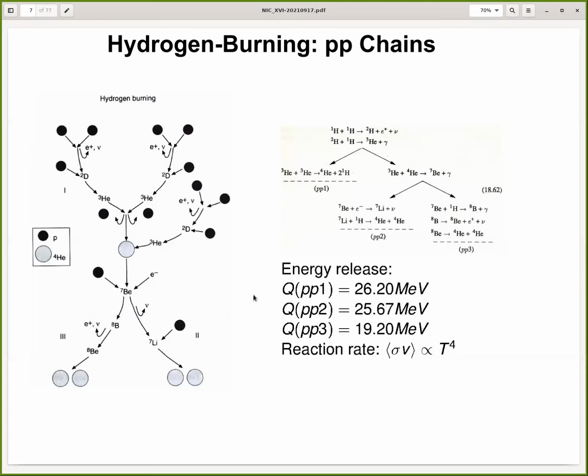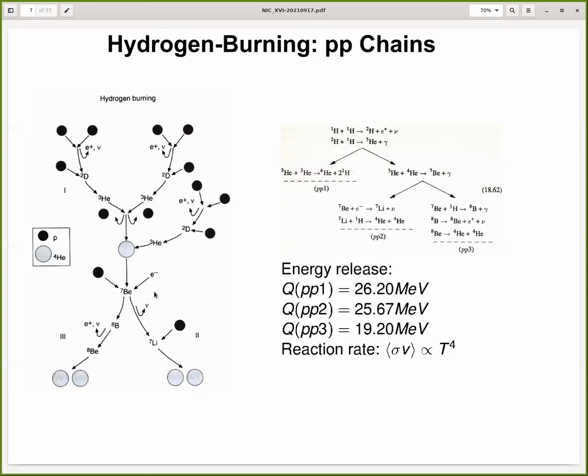There is an alternative way that can happen. Instead of 2 helium-3 coming together making a helium-4, one of these helium-3 could also react with a helium-4 nucleus, and that would make a beryllium-7. This beryllium-7 now has 2 possible ways it can continue.